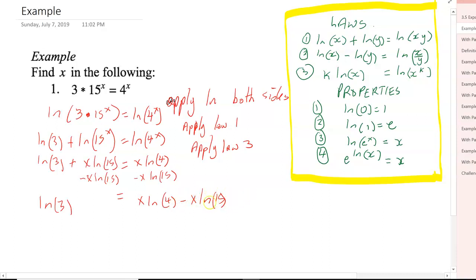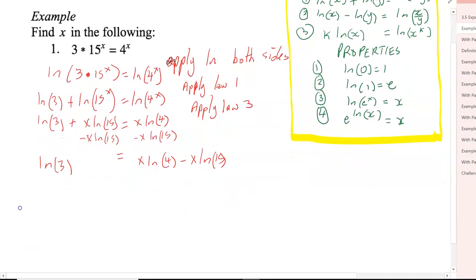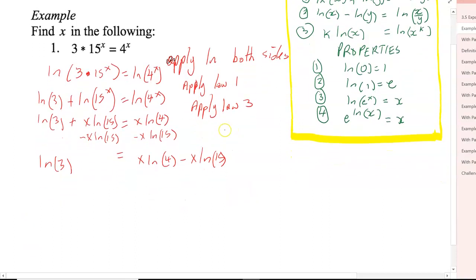Then we want to try to isolate x. If you factor out your x, you have x times ln of 4 minus ln of 15, and all of that will be equal to ln of 3.